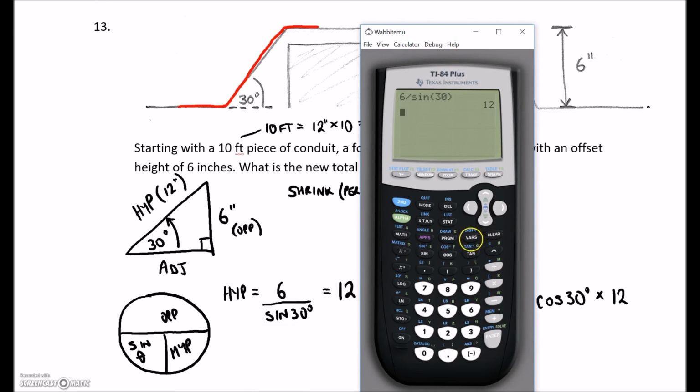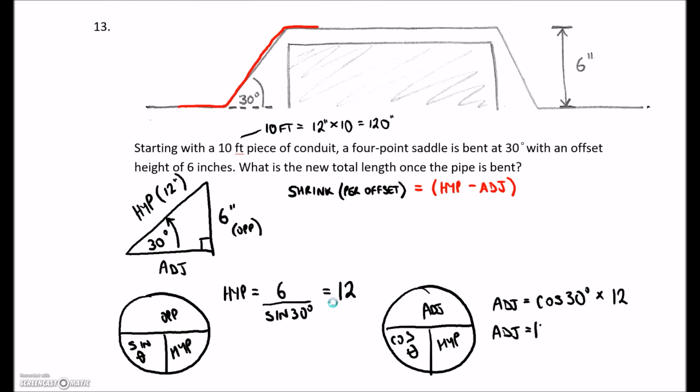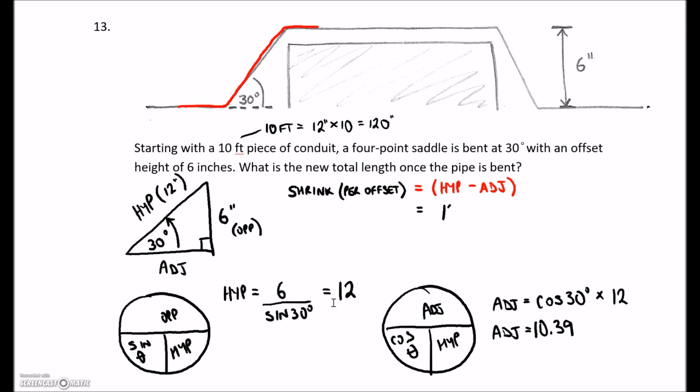Okay, so we have the cos of 30 degrees, and we're going to multiply that by 12. That gives us 10.39. Okay, we're going to pump each of those values into this equation here. Our hypotenuse was 12. What just happened? There we go.